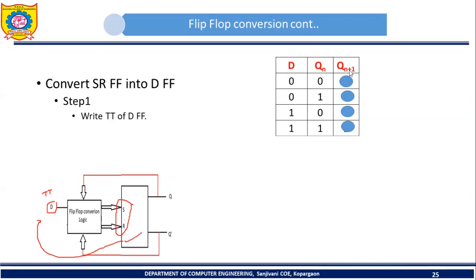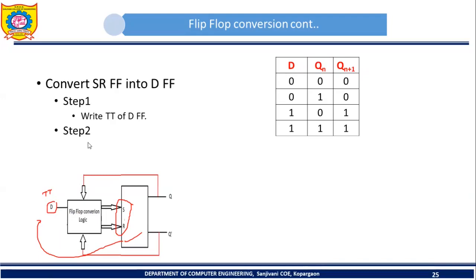In order to write the next state I should not consider the present state. In D flip-flop, output follows input. Here input is 0, so the next state is 0. Here input is 0, again 0. Here input is 1, so the next state is 1. Here input is 1, so the next state is 1. In this way, first of all you should write the truth table of this first flip-flop.